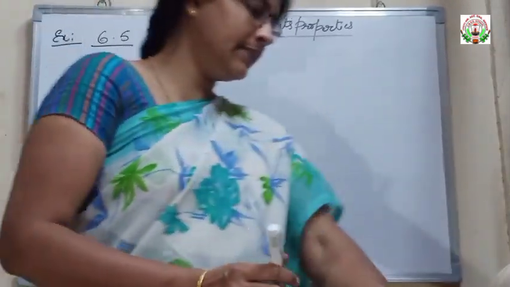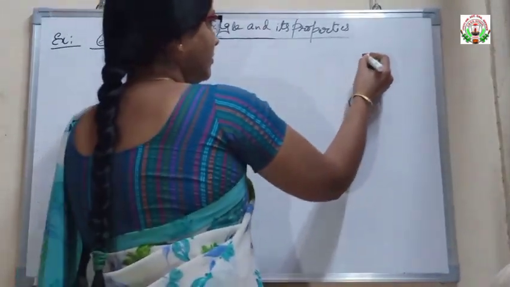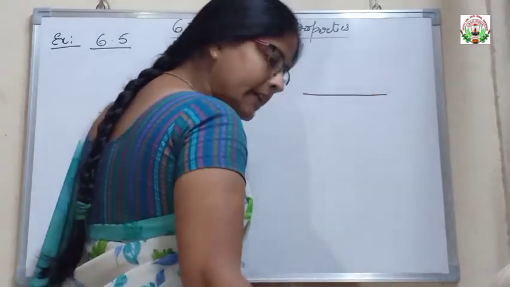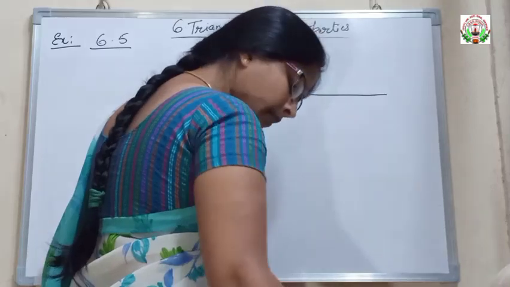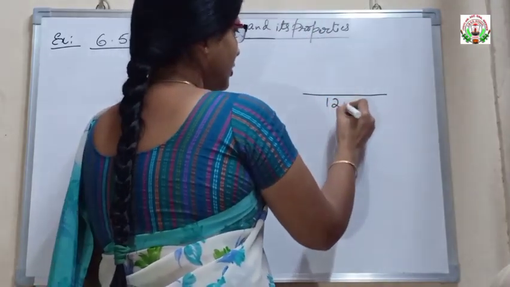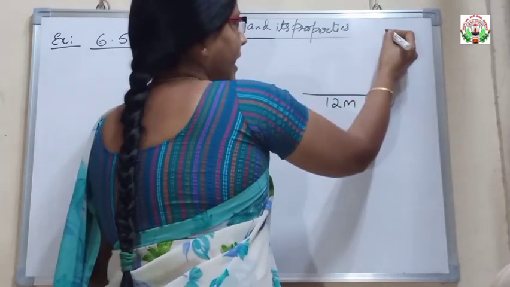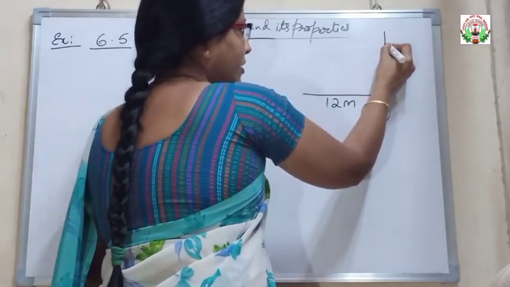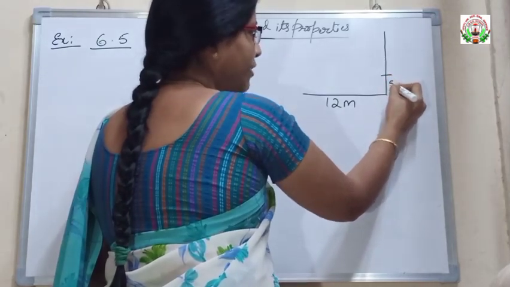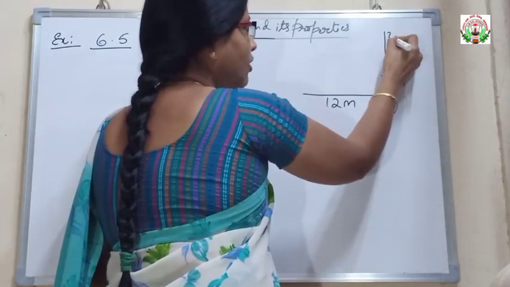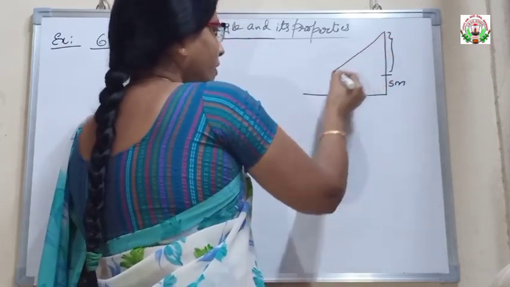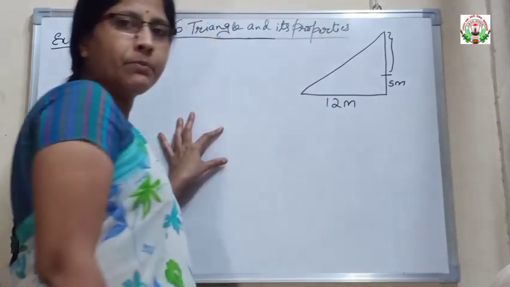Means it is given as the ground, it is given as 12 meters, and this is a tree and it broke here at 5 meters. Means this part of the tree has been broken and it fell down, making a hypotenuse.